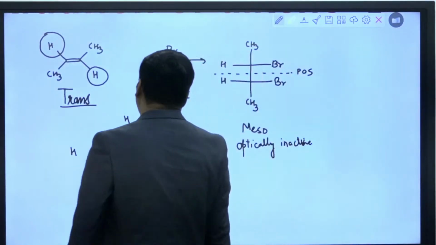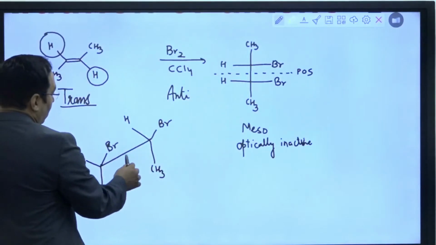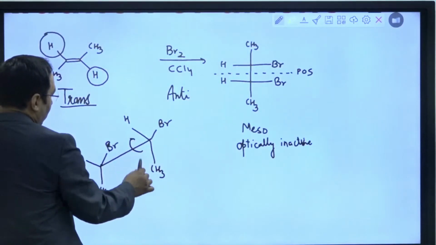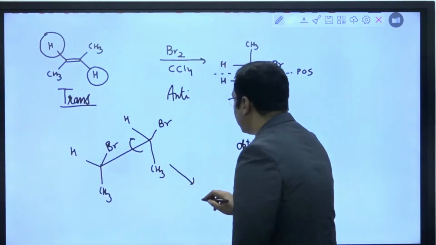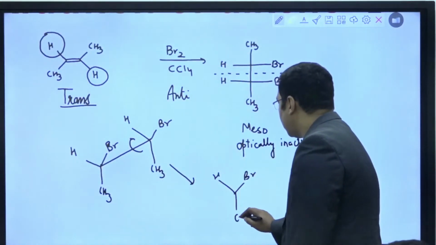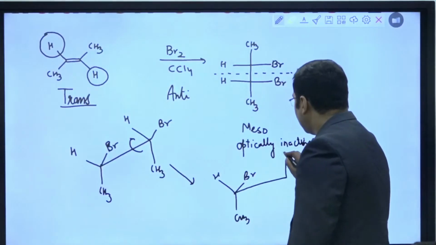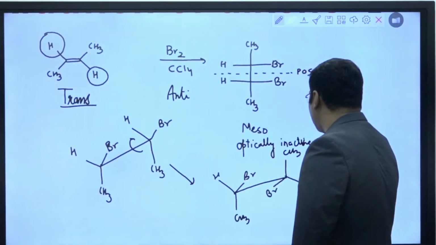Now if you rotate this structure, please understand then right. Yatharth, एक बार पहले यहाँ pay attention. If you just rotate it by 180 degrees, the same structure can become H, Br, CH3 downward, CH3 up, Br इधर और H इधर.